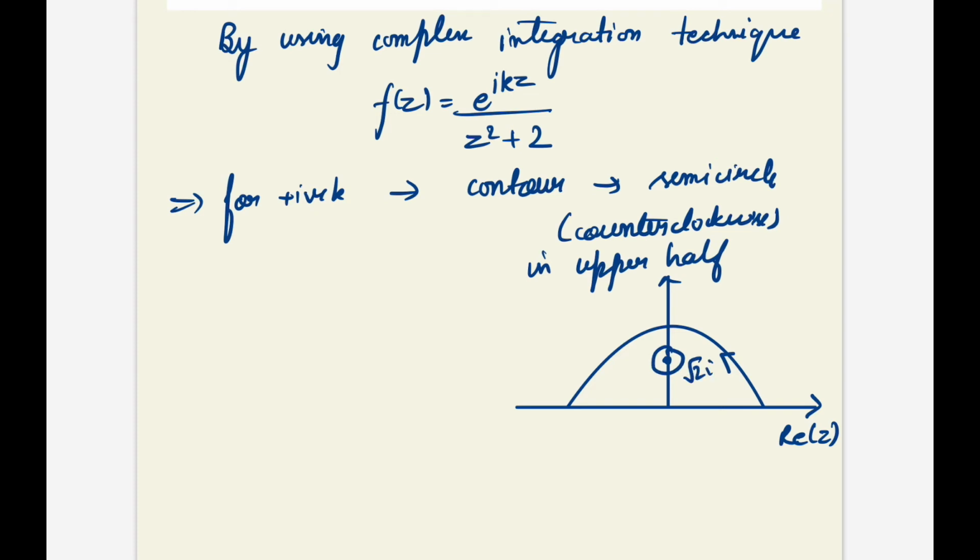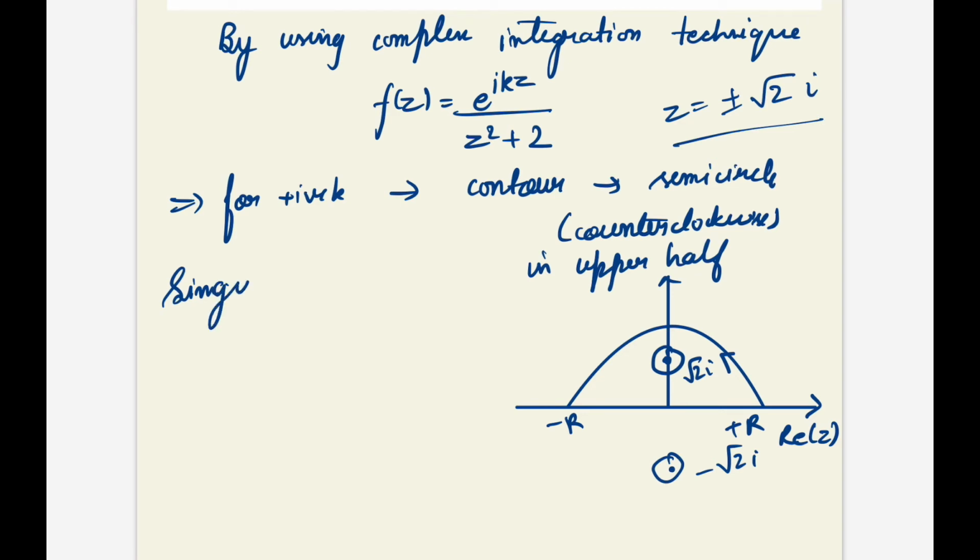One point is at root 2i, and the other point will be at z equals to minus root 2i. So for positive k, the upper half plane is being considered. These are the singular points, by the way: z equals to plus root 2i and minus root 2i.